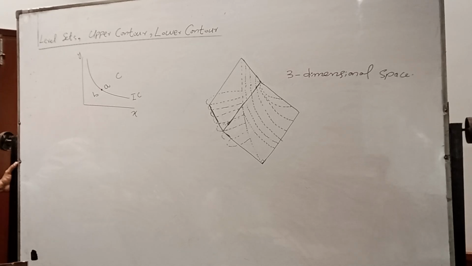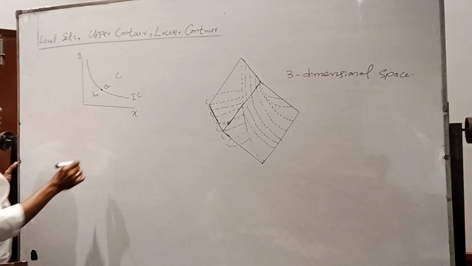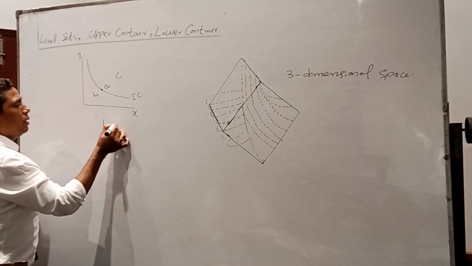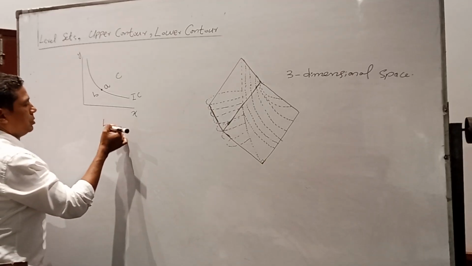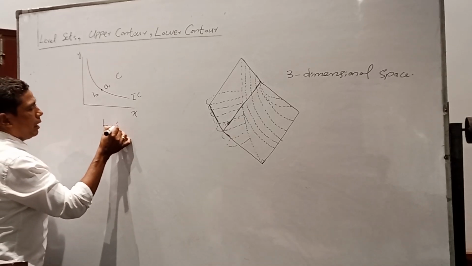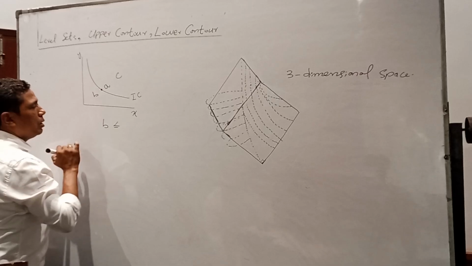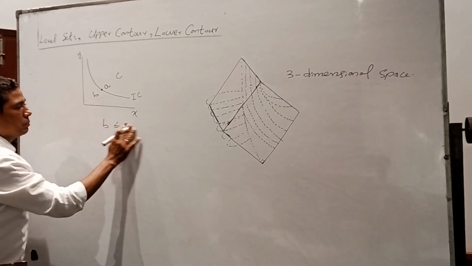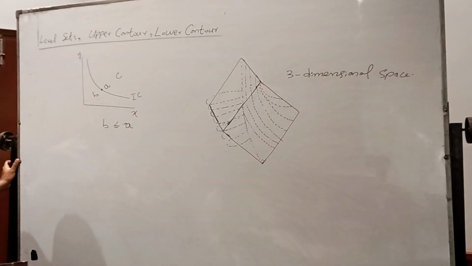So for B, I can write B is at most equal to A. Can I write this one? B is at most equal to A. What does it mean?